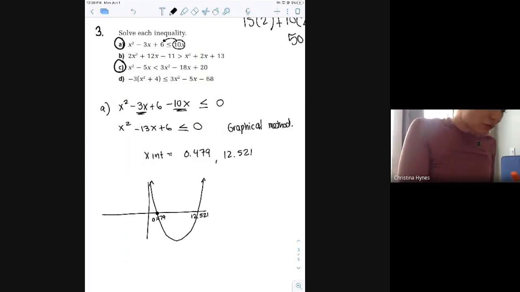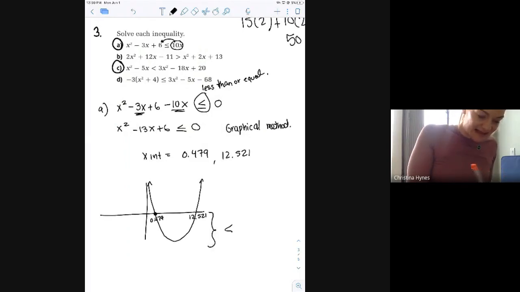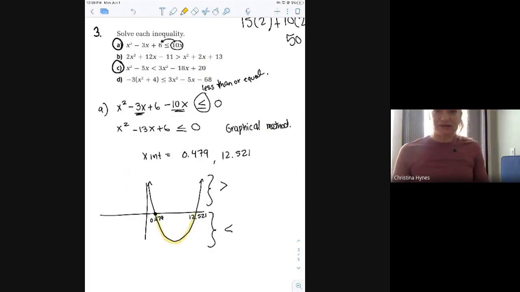Now they're asking for when the quadratic is less than or equal to 0. This is below the x-axis. This section right here is the less than symbol, and the section here is the greater than symbol. So what I want is where the graph is below, and that exists between the 2 x-intercepts.